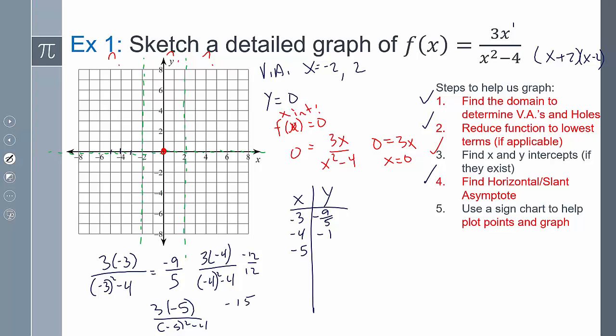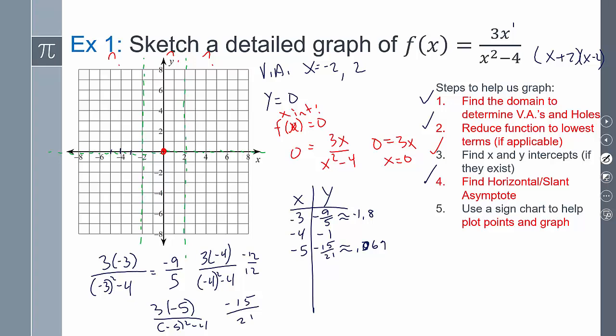So that's negative 15 over 25 minus 4, so 21. And then if you need to, you can enter that in your calculator and get a decimal, right? So that's approximately negative 1.8, and that's negative 1, and this one right here is approximately negative 0.69. So you can get these close approximations, and then you can go through and sketch it.